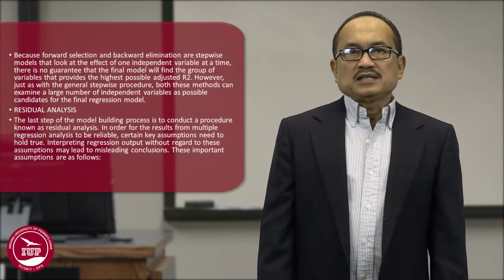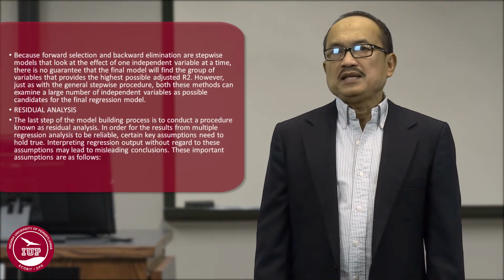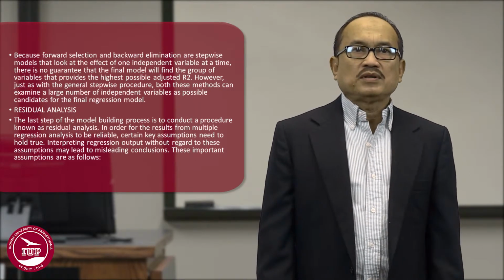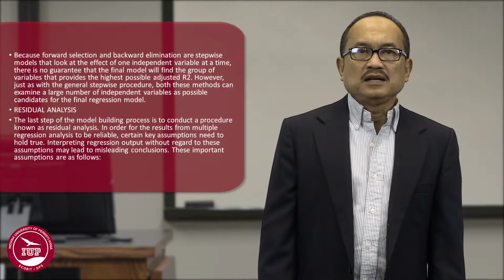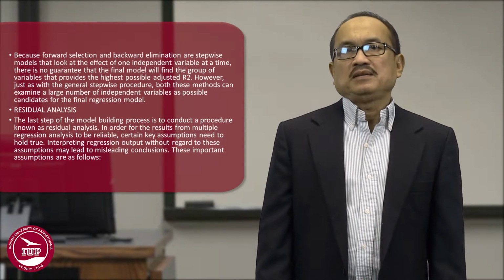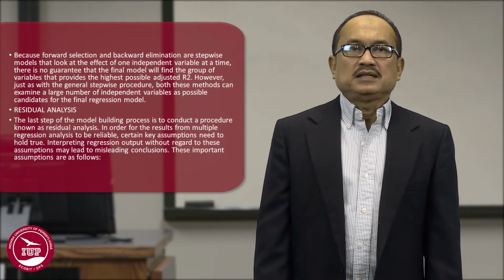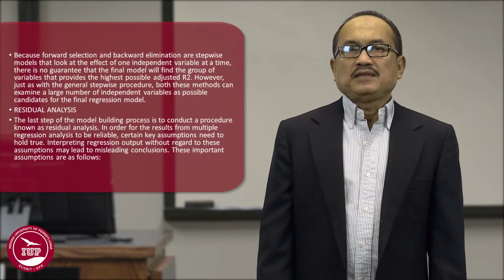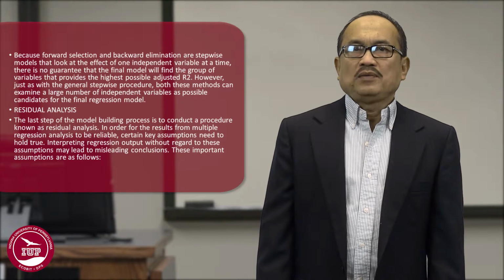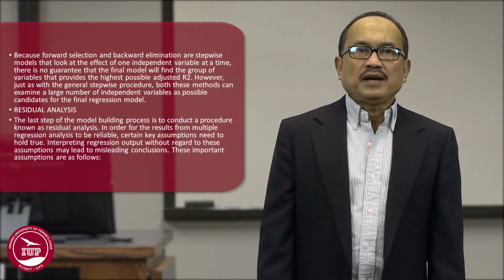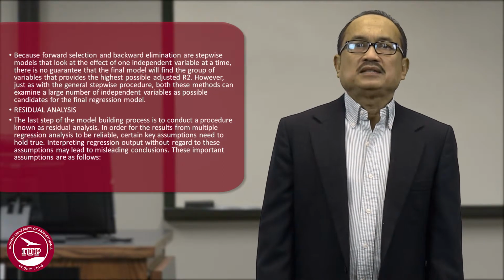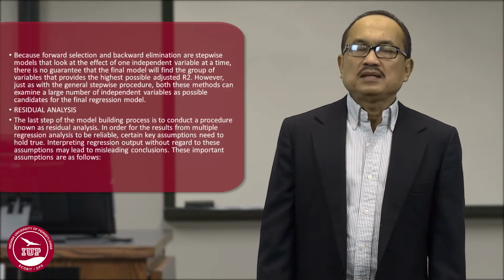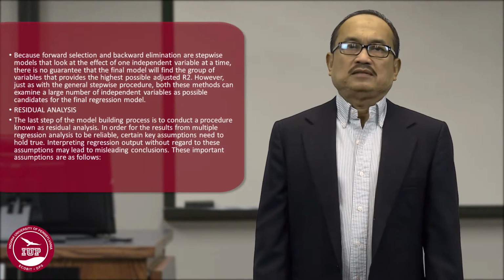Because forward selection and backward elimination are stepwise models that look at the effect of one independent variable at a time, there is no guarantee that the final model will find the group of variables that provides the highest possible adjusted R square.